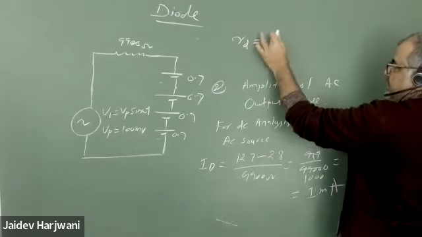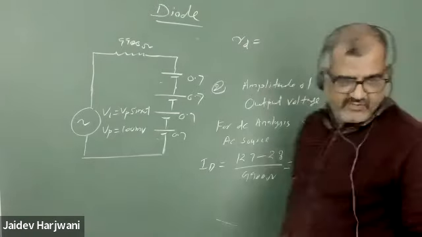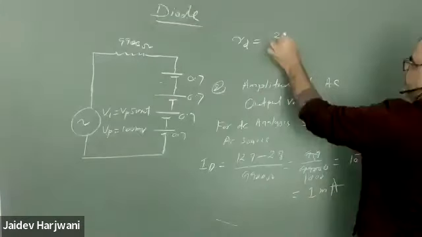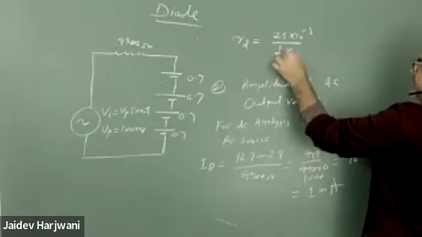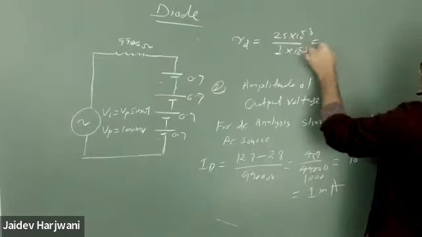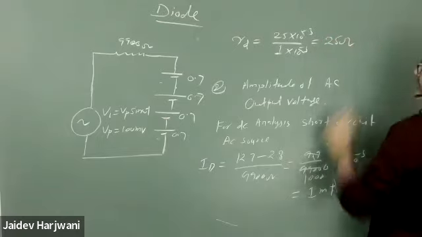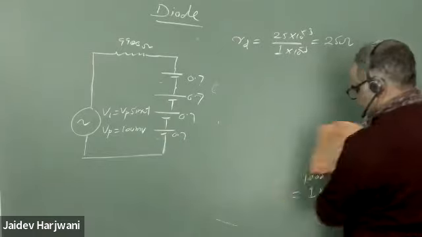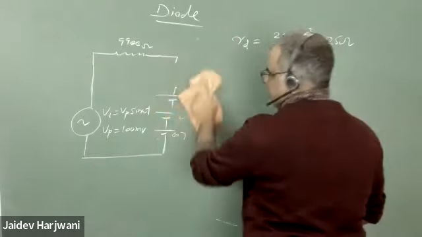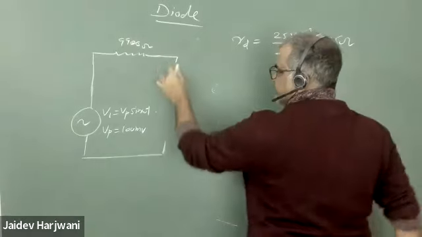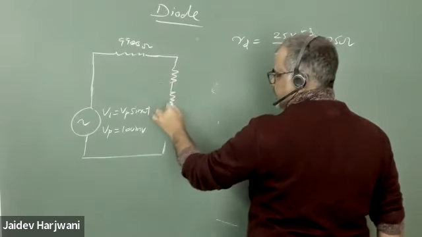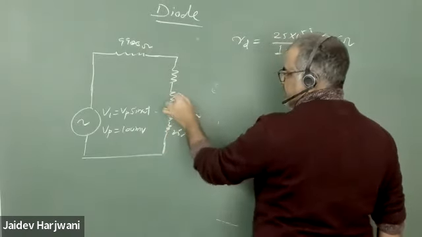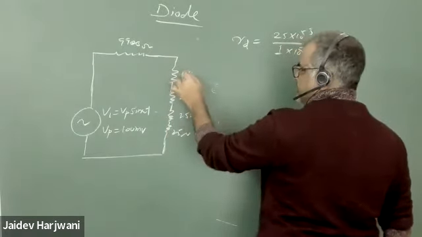Eta is given 1, VT you can take 25 or 26. They have given 25, so you take 25 millivolts into 1 milliampere. Cancel, so you're getting 25 ohm. Now you have 4 diodes, so you have 4 resistances of 25 ohms each.